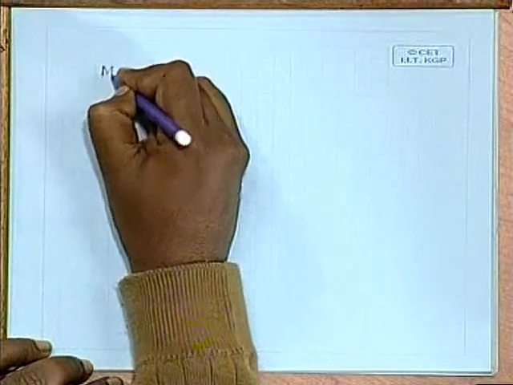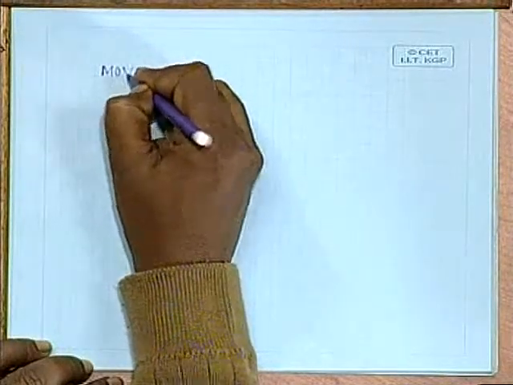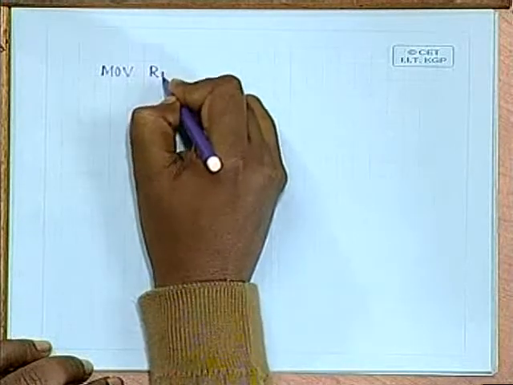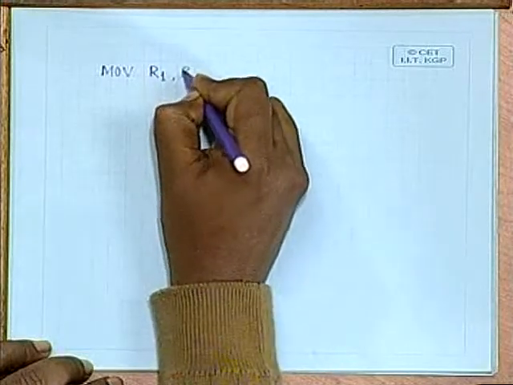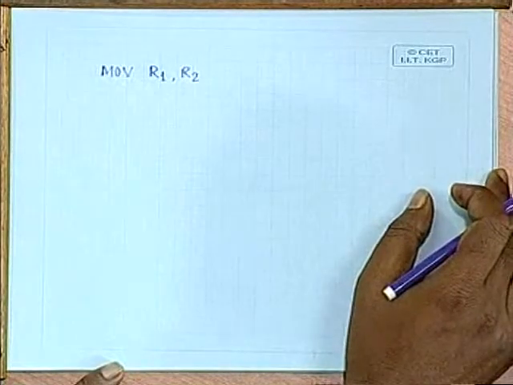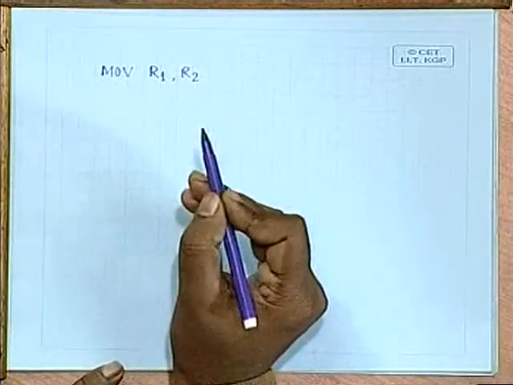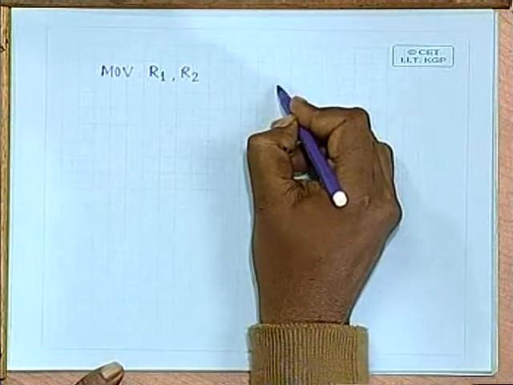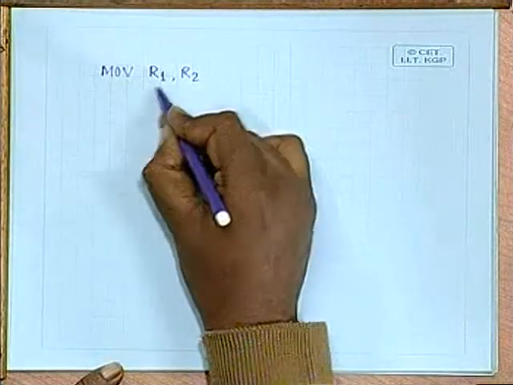Before coming to further details, let us take a very simple instruction like move R1, R2. What is this instruction supposed to do? R1 and R2 are two general purpose registers in the CPU, and this instruction will move the data from register R2 to register R1.